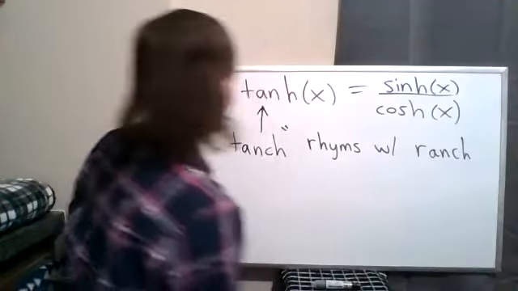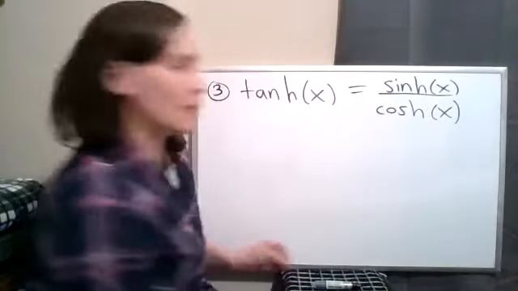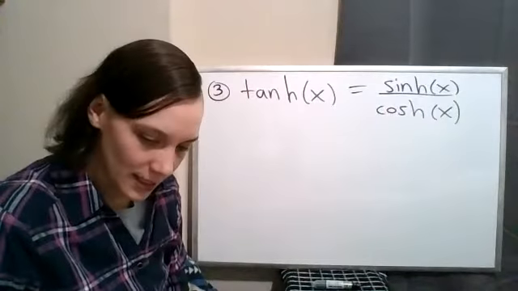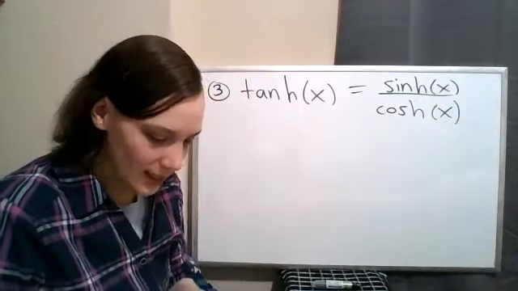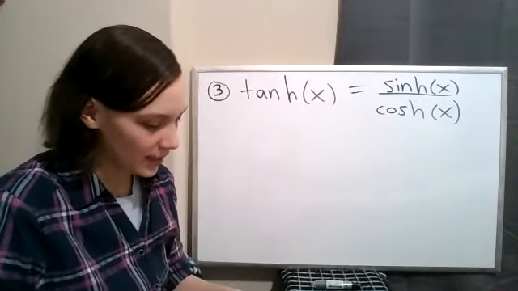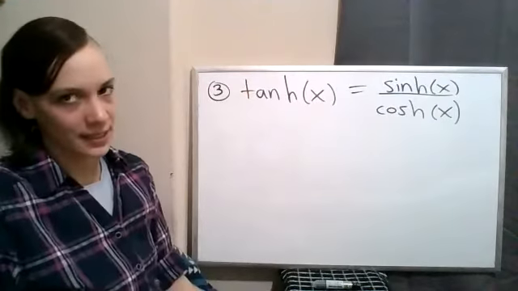Okay. And what you get is e to the x subtract e to the negative x over e to the x plus e to the negative x.